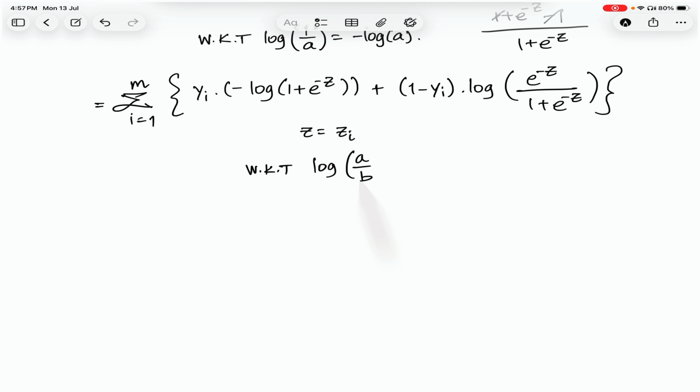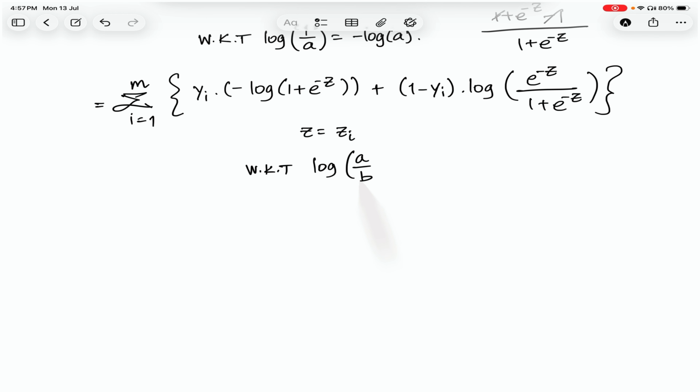We know that log of exponential a times b is a plus log b. So in this case, let a be minus z and b be 1 plus exponential negative z. So exponential a times b is nothing but exponential negative z times 1 plus exponential negative z, which is exponential negative z plus 1.